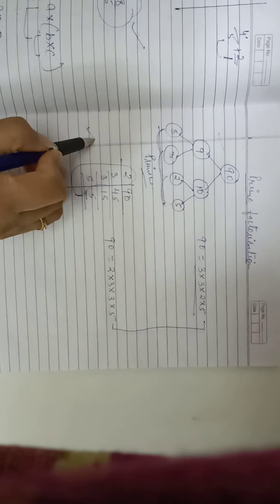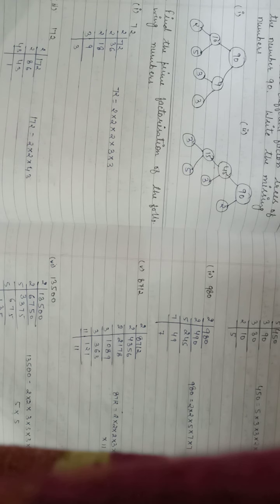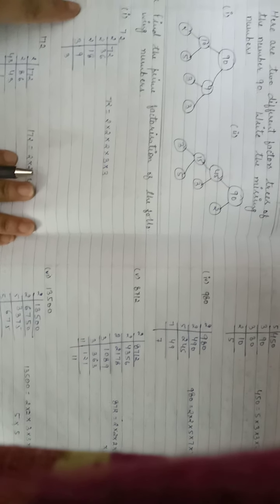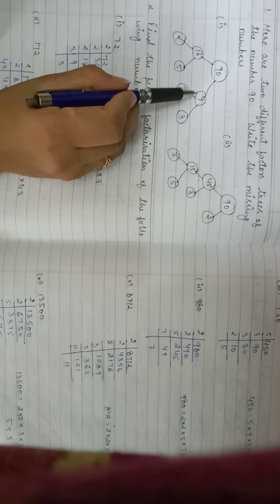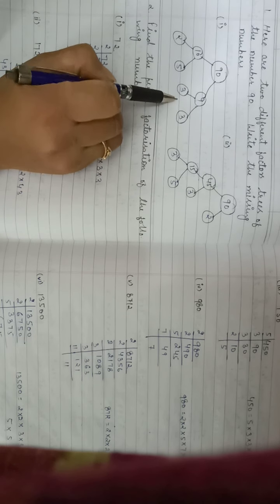Now we are going to start our exercise 3.3. In exercise 3.3, we have the first question, which is prime factorization using the tree method. Simply I am giving the example of 90. We can do the prime factorization with the tree method.